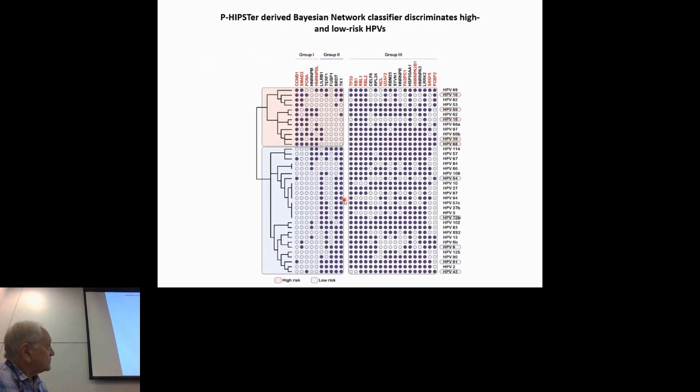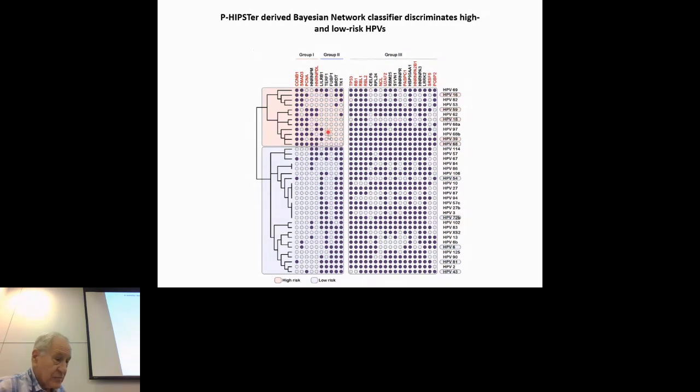And here's just one application. It's a messy slide. So on the right are human papillomavirus, different numbers. And on top are human proteins predicted to interact with papillomaviruses. The orange ones are those that are high risk, they cause cancer, and the blue ones don't.